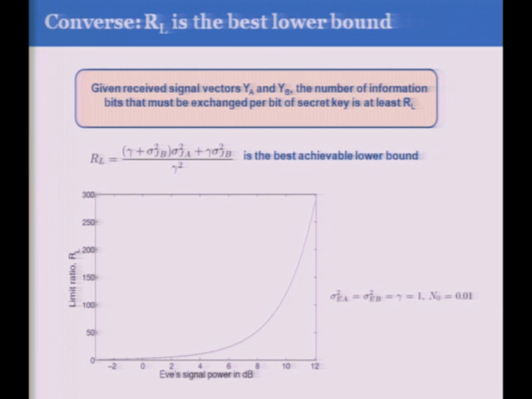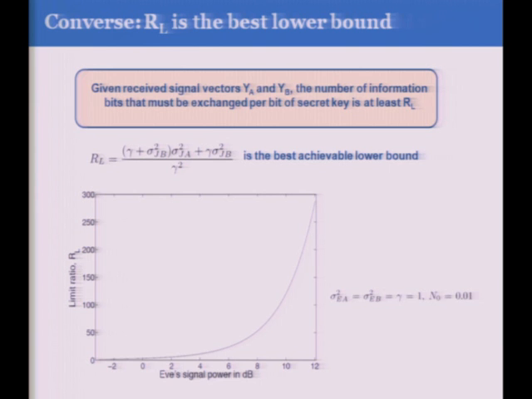This is the plot where on the x-axis is alpha squared, again in dB, and this is the value R_L, which I'm just plotting. I've kept everything else constant. So this is the variance of the EA link, the variance of the EB link, and the variance of the AB link, which is set to 1. N0 is just a noise term, some number, 0.01. And there's an alpha squared term which I'm just varying on the x-axis.